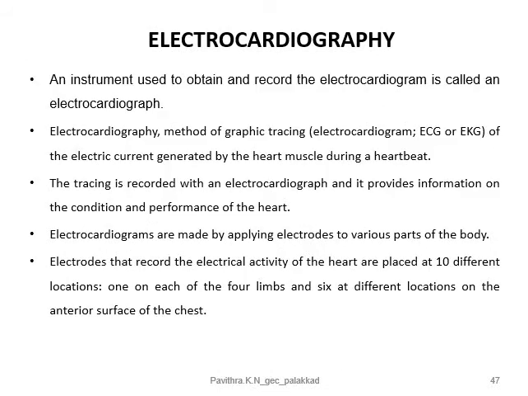Now, this electrocardiogram or ECG is recorded by an electrocardiograph by positioning different electrodes at different locations of the human body. The electrodes that record the electrical activity are placed at 10 different locations, one on each of the four limbs and six at different locations on the anterior surface of the chest.